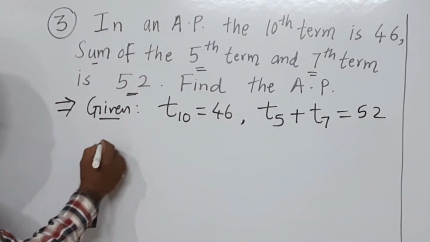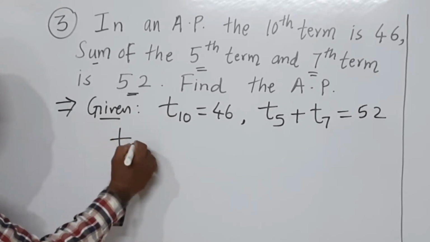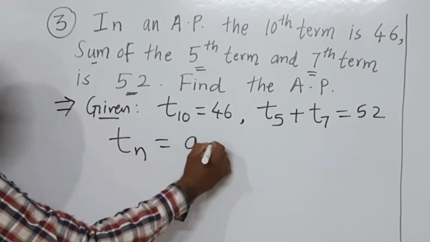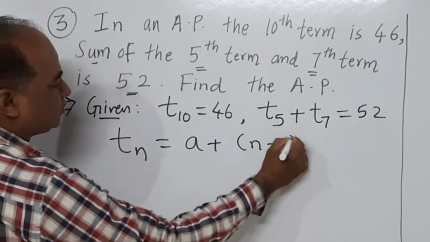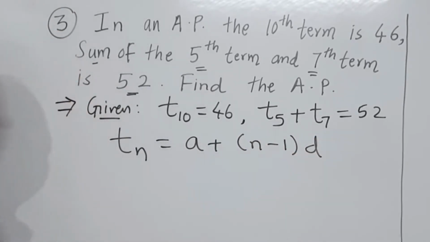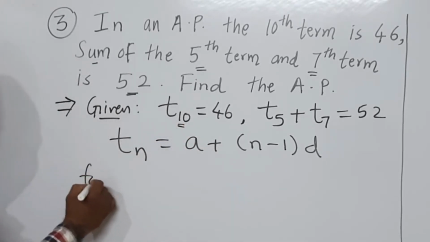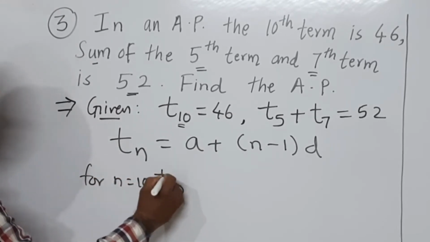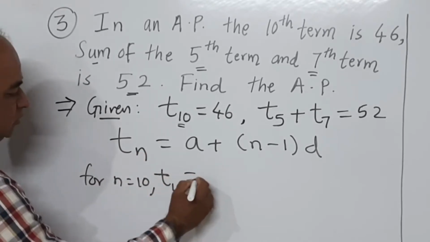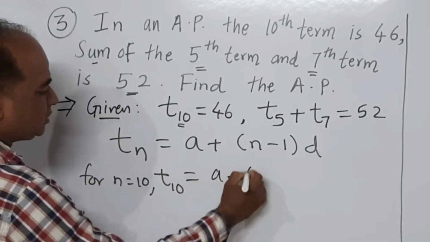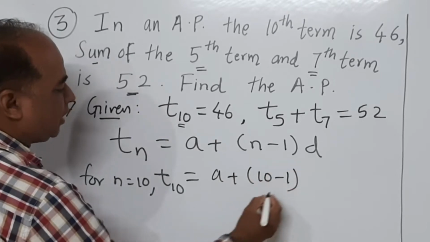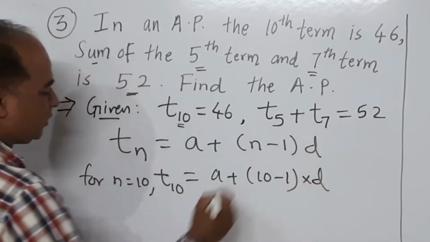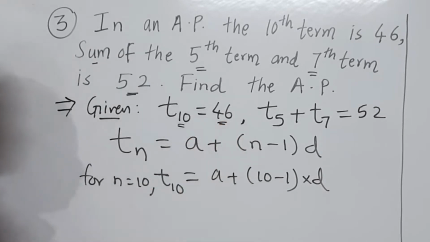Now, as we know, for an AP, Tn is equal to A plus n minus 1 into D. In this formula, for n is equal to 10, T10 is equal to A plus 10 minus 1 into D. Now T10 is given as 46.